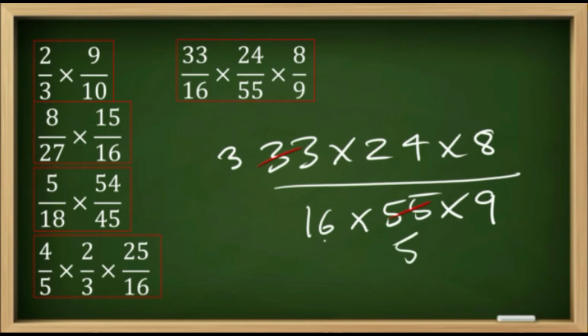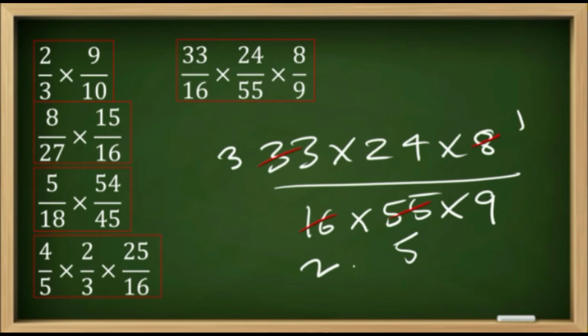Then what else? Yeah, this 8 and this 16 can also be simplified. Okay, so I'm going to use 8 table. So 8 ones are 8, 8 twos are 16.